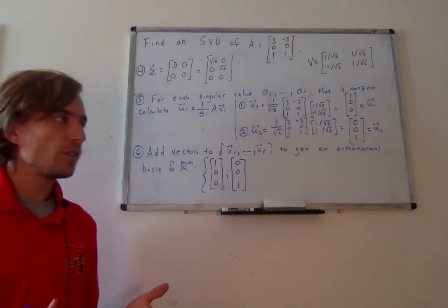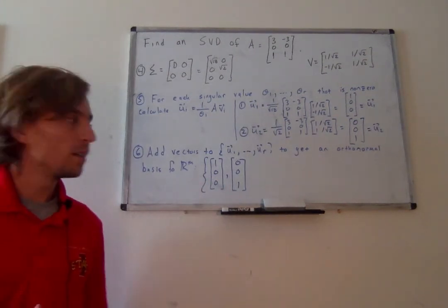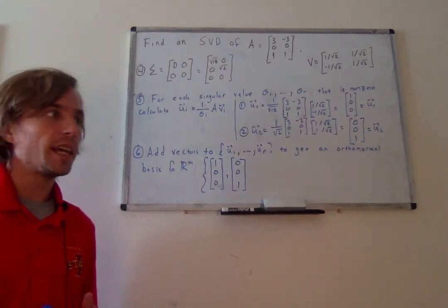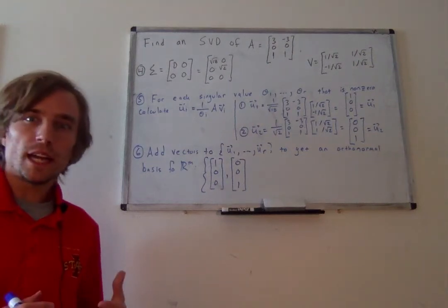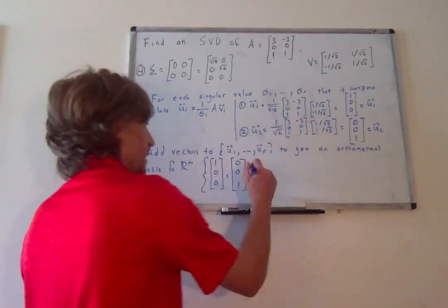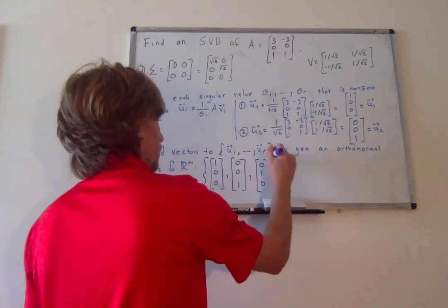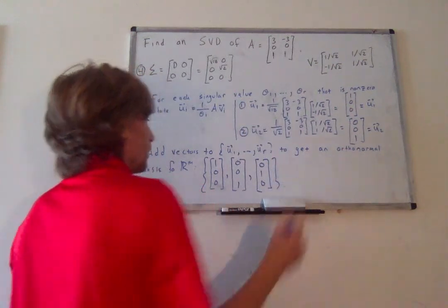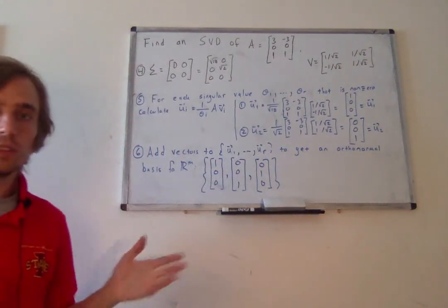So what I'd probably do is find a standard basis vector which is not in the span of the set you currently have and add it to the set. Because remember, that's automatically a unit vector. Then you might have to normalize the set afterwards. But in this case, we can extend this to a basis in the following way. Notice this vector is orthogonal to both of these vectors and certainly is a unit vector.